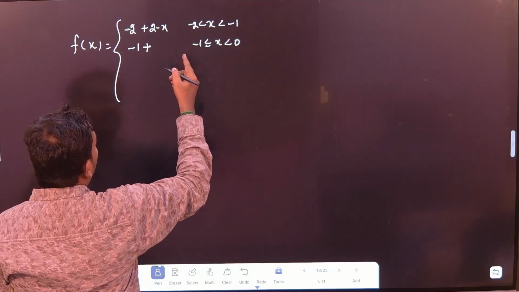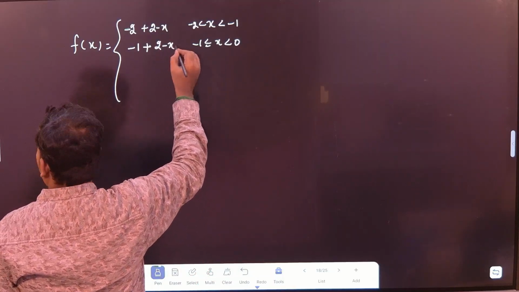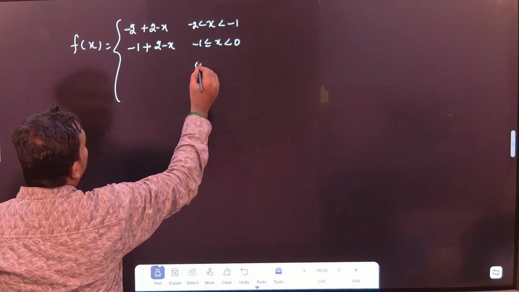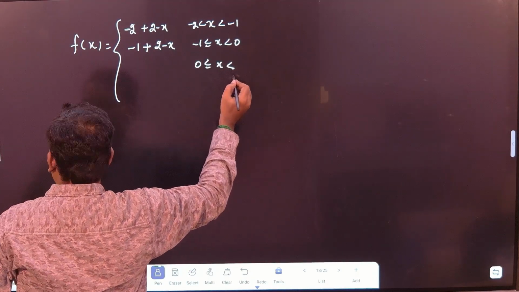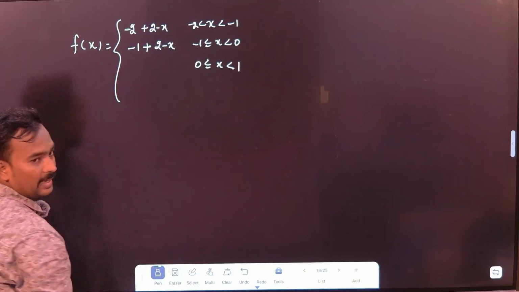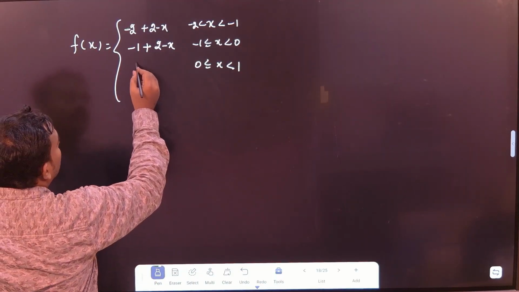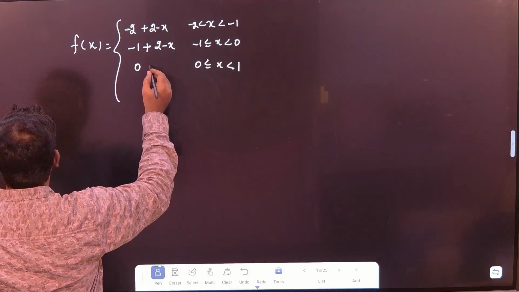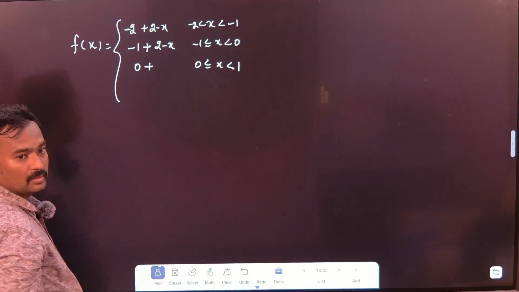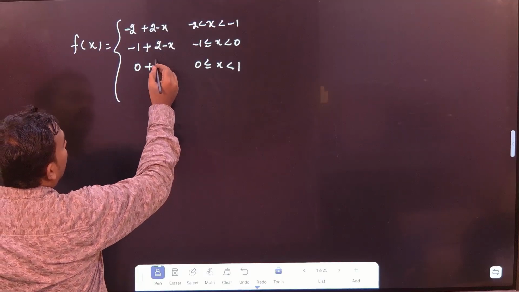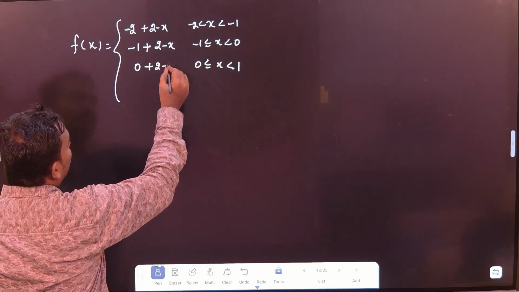Anyway, x minus 2 is negative, so that is 2 minus x, okay? When you take 0 to 1, it is 0 plus mod x minus 2, again negative, so 2 minus x.